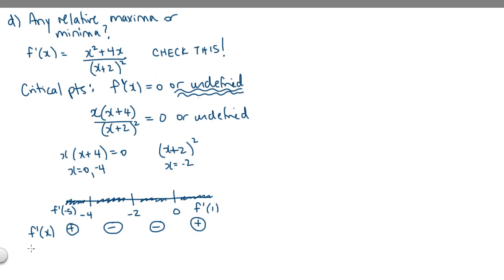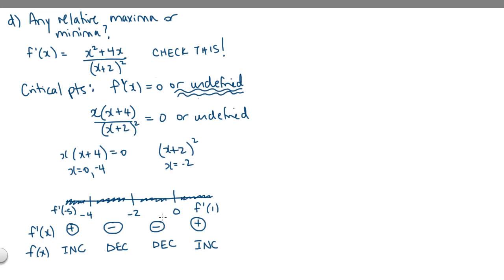So what that tells us about our function itself is that our function is increasing on that first interval. First derivative being positive corresponds to the function increasing. Function is also increasing from x values from 0 to infinity. And our function will be decreasing in these middle 2 intervals there.